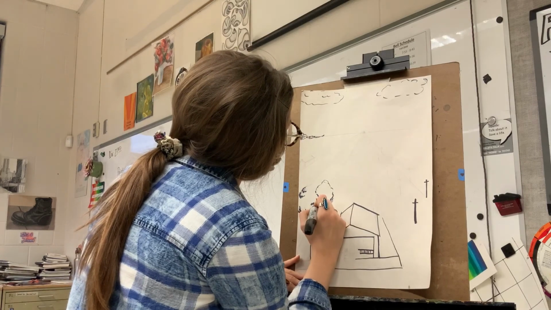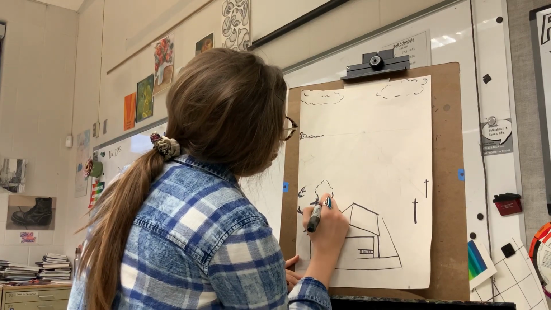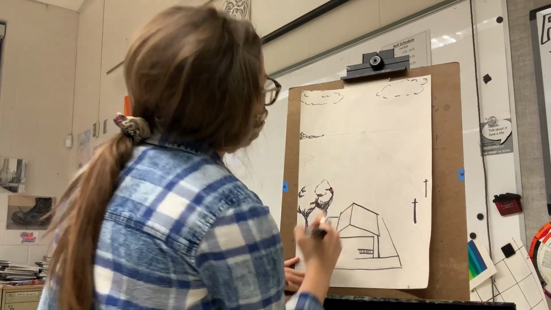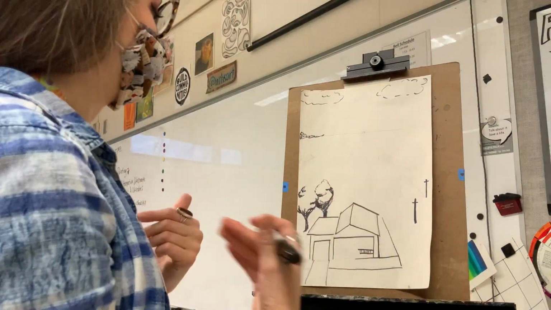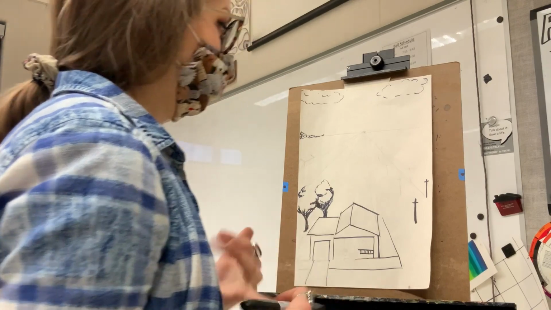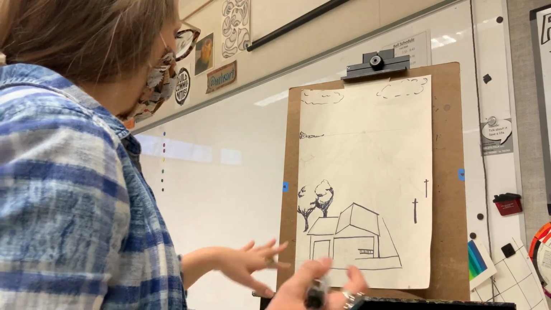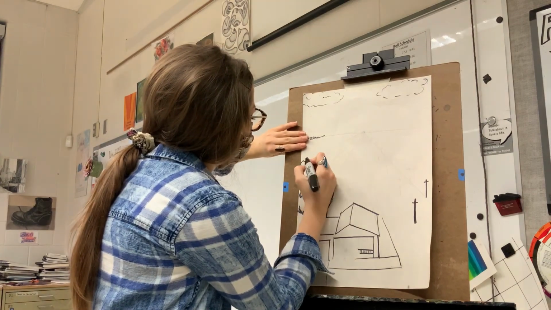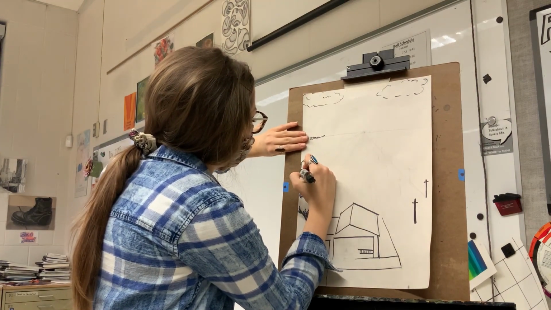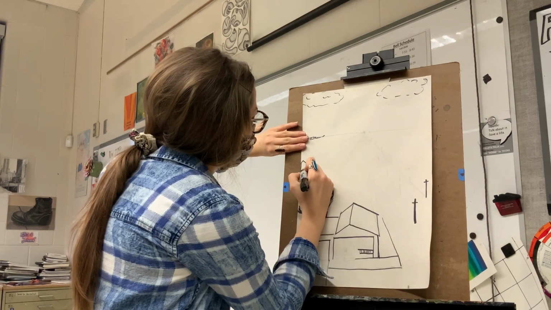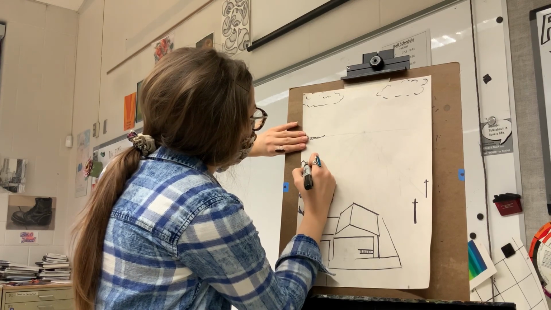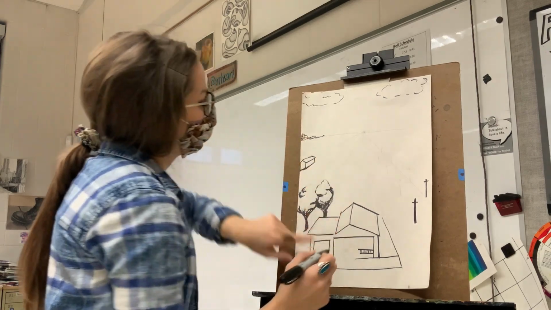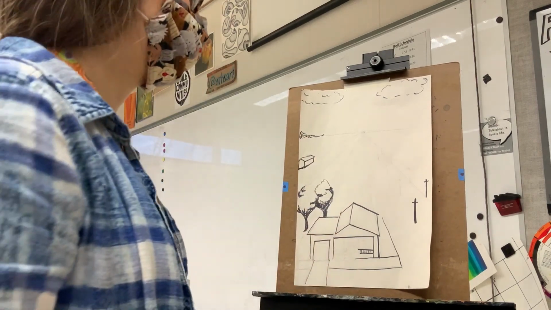So this overlapping shows that one is behind the other. That can show depth in space as well. For detail, I started creating a little shed back here, or it could be someone's house, and this little shed would be less detailed than this house that is closest.